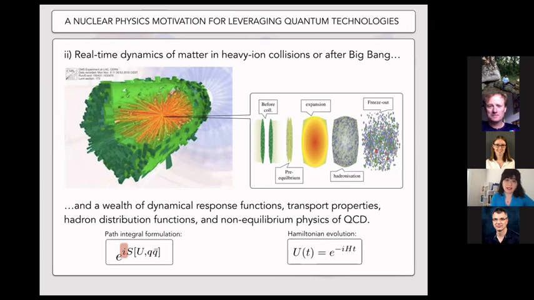And in general, any observable whose definition depends on the Minkowski signature of spacetime, for example, a wealth of dynamical response functions, transport properties, hadron distribution functions, and a lot of interesting physics that we're probably missing by not studying non-equilibrium QCD, but is important, as I said, for understanding the evolution of matter after extreme conditions.